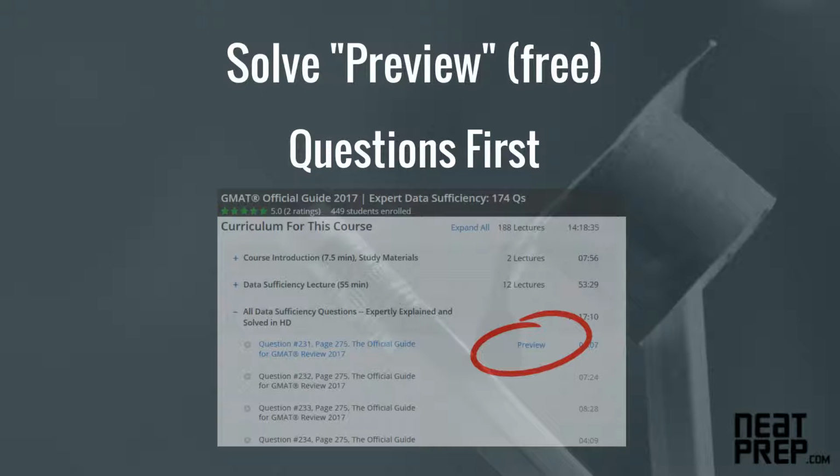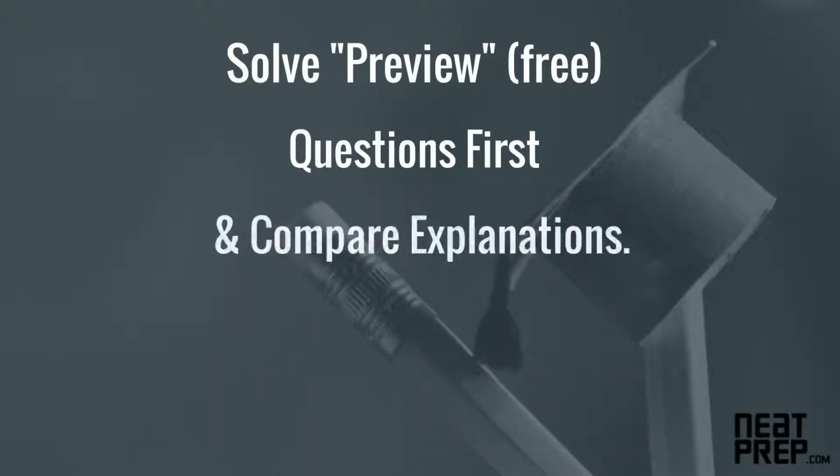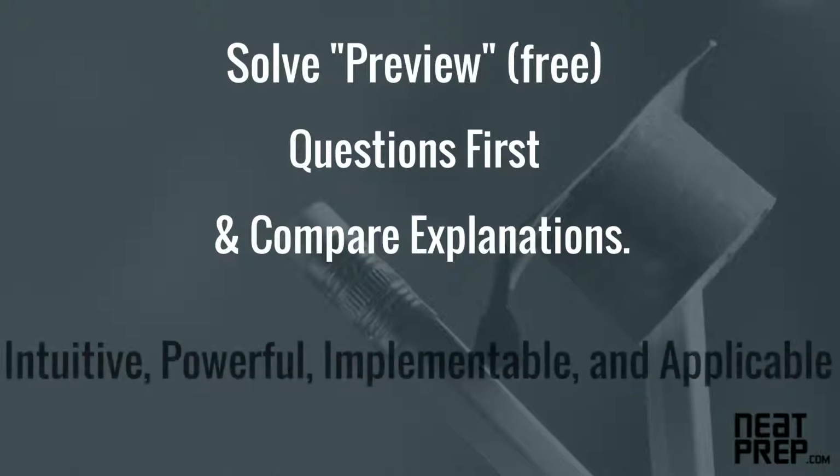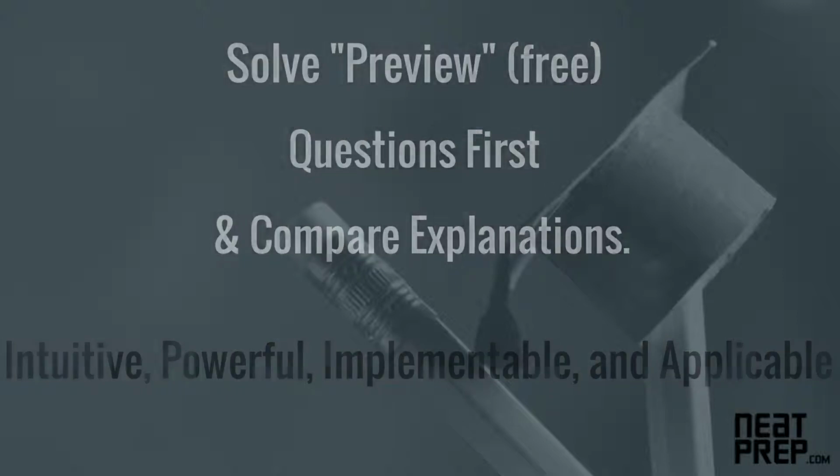I encourage you to first solve these questions on your own and then to compare our explanations with those appearing in the official guide. You will find our explanations intuitive, powerful, implementable within the significant time constraints which the test introduces, and most importantly, applicable to tens of other questions.